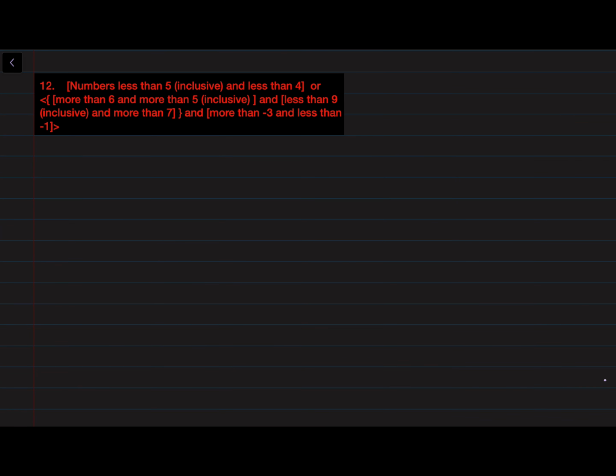For this question, we have two major parts, which is this part and this part. But the green part consists of two more parts. So we have this part, and we have this part, and the pink part itself consists of two more parts.